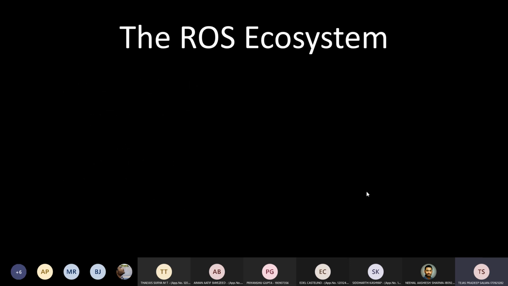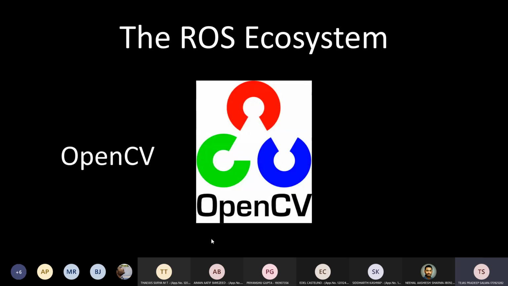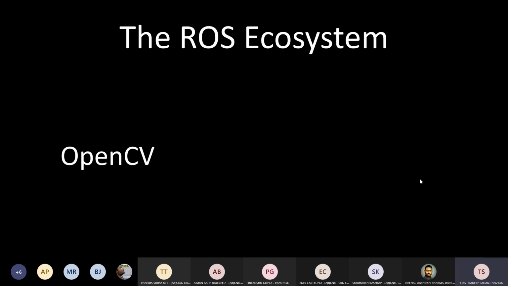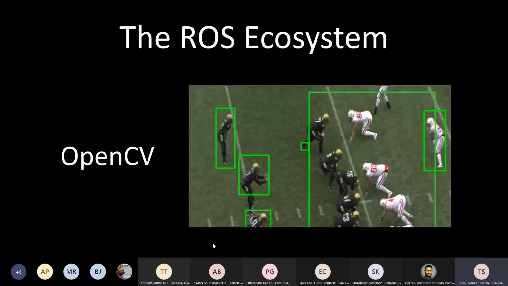This also supports OpenCV, that is the perception package. However, now we'll see what it actually does. So OpenCV, as the name suggests, is an open source computer vision software. It's very widely used for image processing applications like object recognition, tracking, etc. Like you can see here, using OpenCV we can distinguish where the people are.